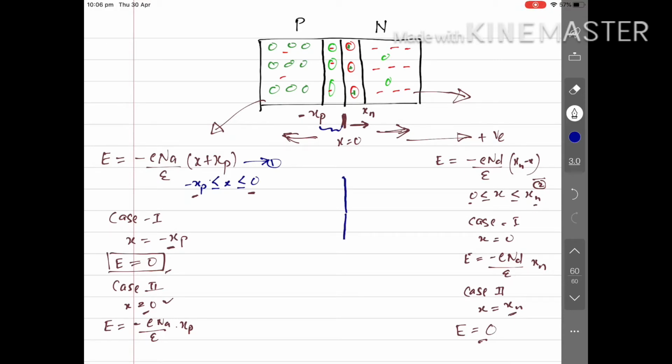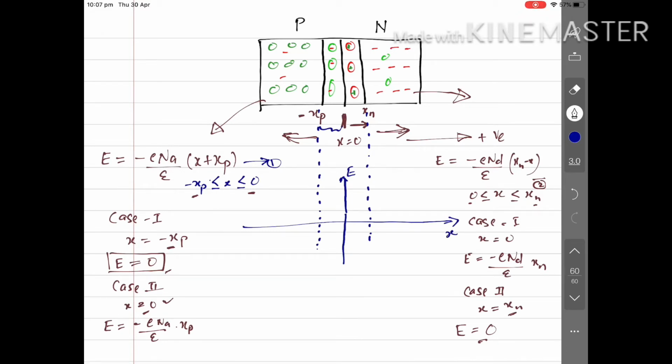So this is x n and this is x p. The y-axis is your electric field E, and the x-axis is your depletion region x.